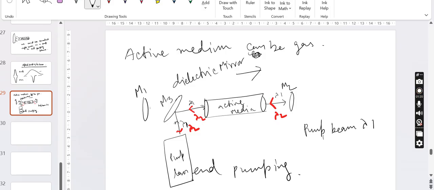To solve that, we replace the dielectric mirror with a dichroic mirror.